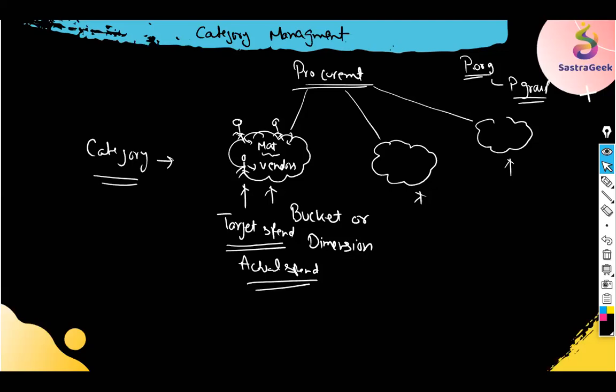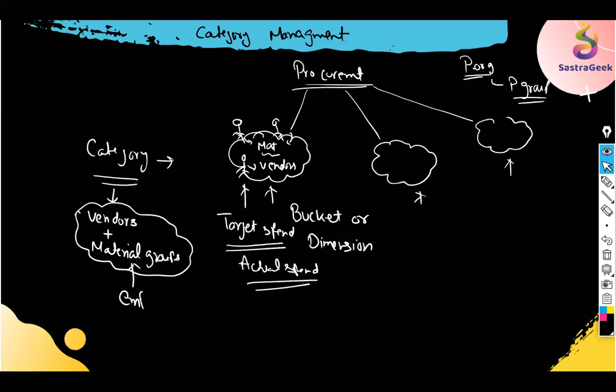So a category in SAP is basically a combination of your vendors plus material groups and associated employees which have been created as business partners. This is defined as one category.